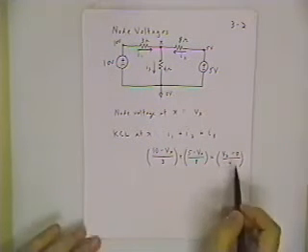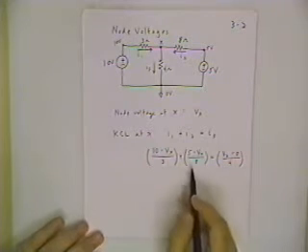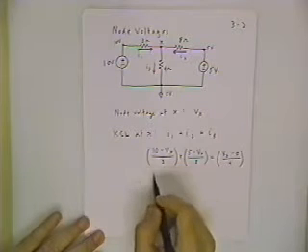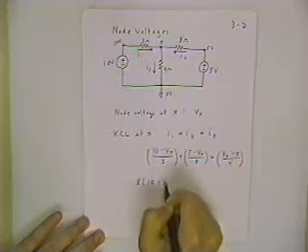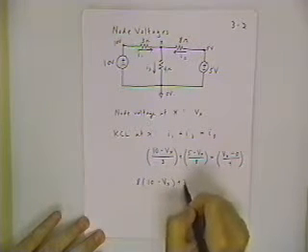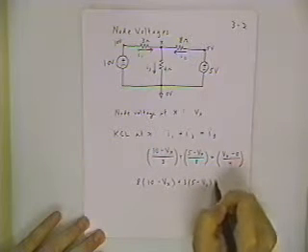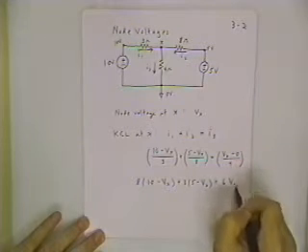Now, just as an algebraic point, it would be useful to multiply through by a factor of 24 to clear all these ratios. So if I multiply through by 24, I get a factor of 8 here, a factor of 3 here, and 24 multiplied through here gives me a 6.